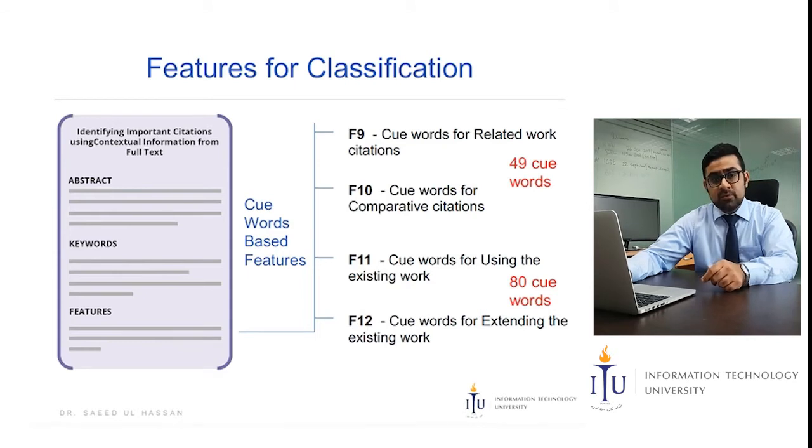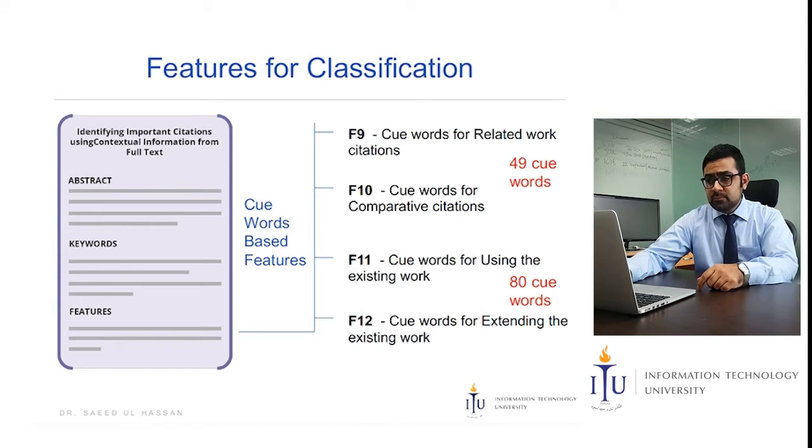And then another set of 80 keywords which we identified when a citation is important in terms of using the existing work or extending the existing work. So eventually we merged features F9 and F10 together for the non-important citations, and F11 and F12 for distinguishing an important citation. So F9 and F10 were merged, and similarly F11 and F12 were also merged, for training the model.